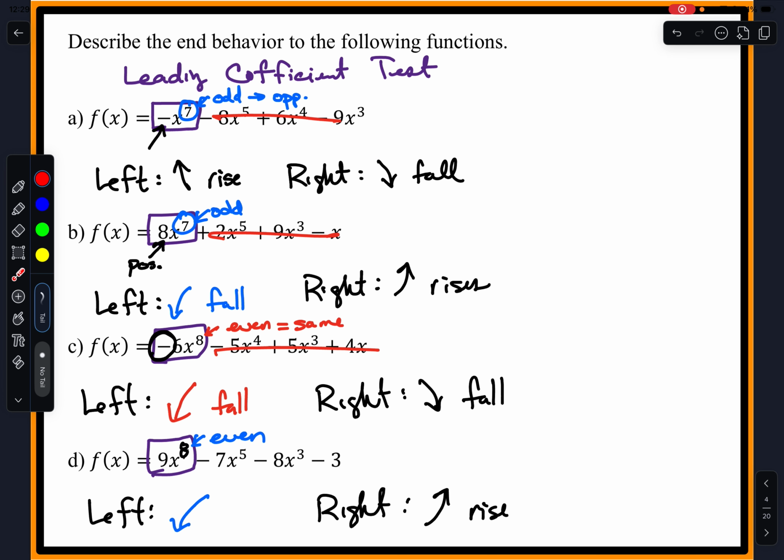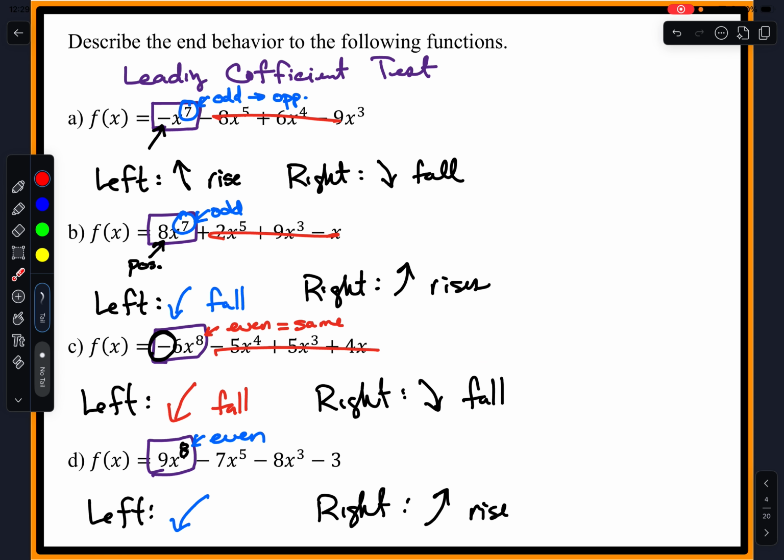If we had a line where the slope was a positive 8x plus some y-intercept, we'll call it b, this tells me that I have a line that is increasing, so that's exactly what the right side is doing. And then for the left side, it depends on the degree. Odd, think opposite: the left side is going to move in the opposite direction of whatever the right is. And even, same. It doesn't correlate that well, but it's going to do the same thing as the right.